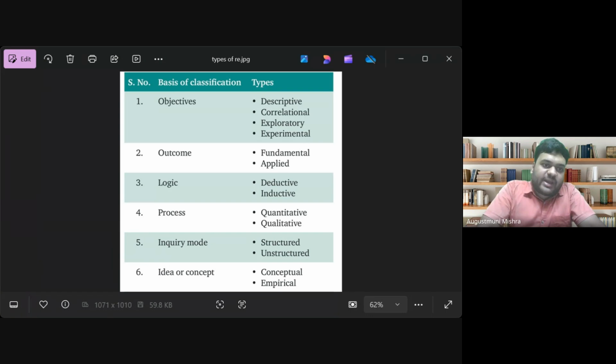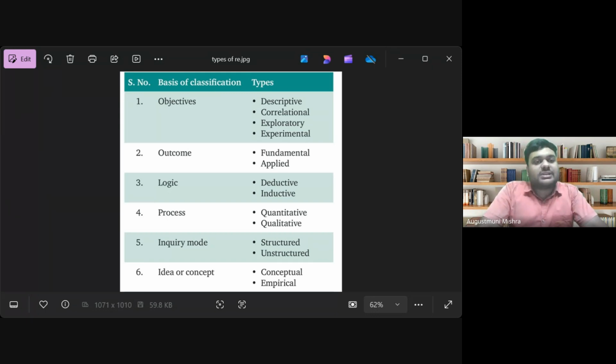For example, if I'm doing a longitudinal study on the effect of AI in the education sector for a period of 5 years, then again and again I'm going to observe the situation. If I'm starting it in the year 2025, then what will be the situation in 2030?